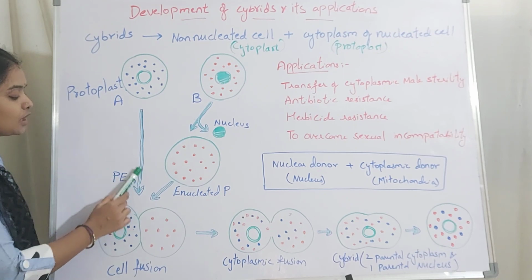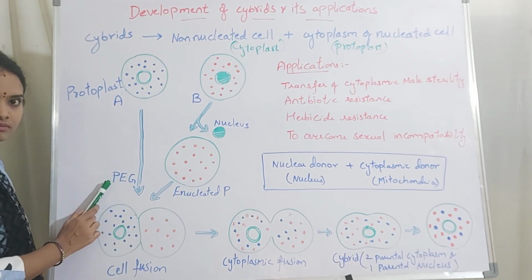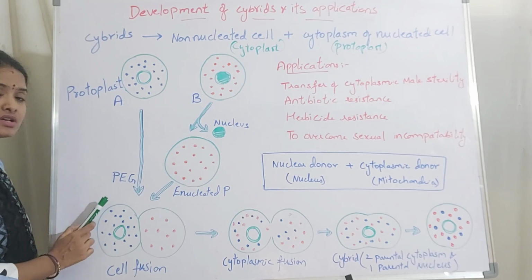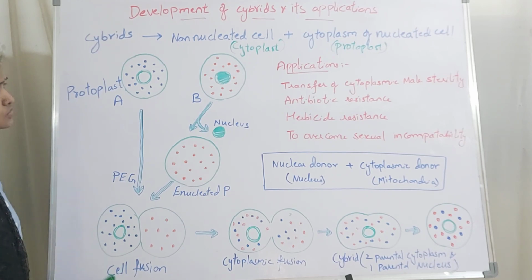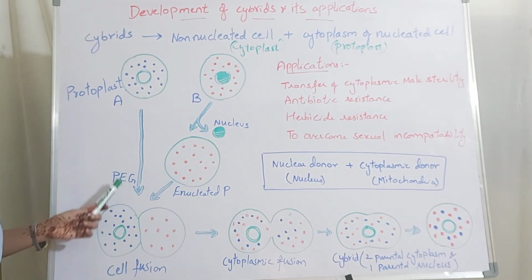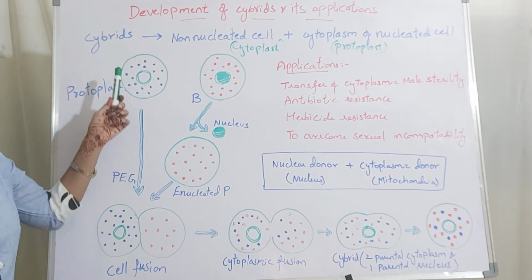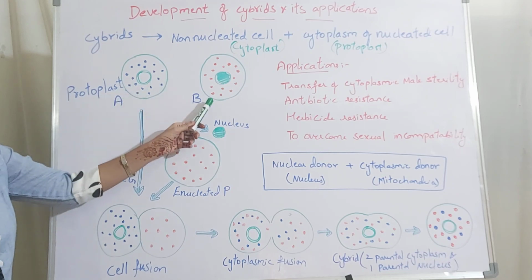It is a chemical-induced method where you make use of a fusogen, or fusion-causing agent, that is polyethylene glycol. Once you use this in a beaker, add all the protoplast A after centrifugation. That means you are going to purify all the protoplast A cells and then B cells.